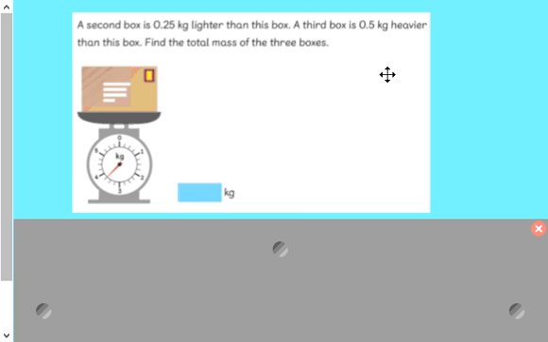Now, I do like this question, and I want you to have a little think about it. It says here, a second box is 0.25 kilograms lighter than this box. And a third box is 0.5 kilograms heavier than this box. Find the total mass or weight of the 3 boxes.